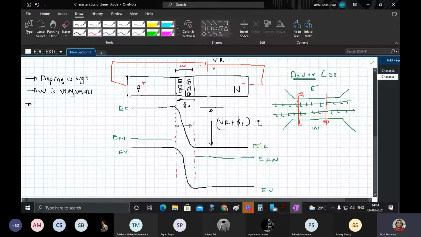So some situation is there here also in the same way, that when the barrier is small, when the width is small, the electrons can tunnel from the conduction band of N directly to the valence band of P. Directly to the valence band of P. Without actually overcoming this barrier.